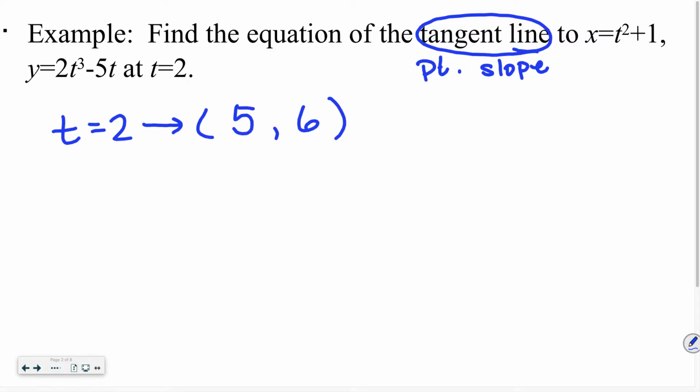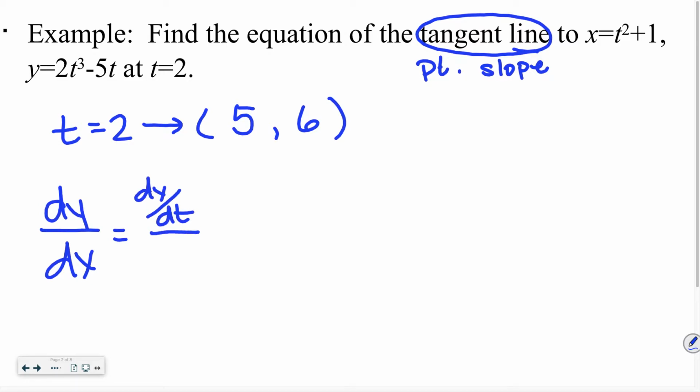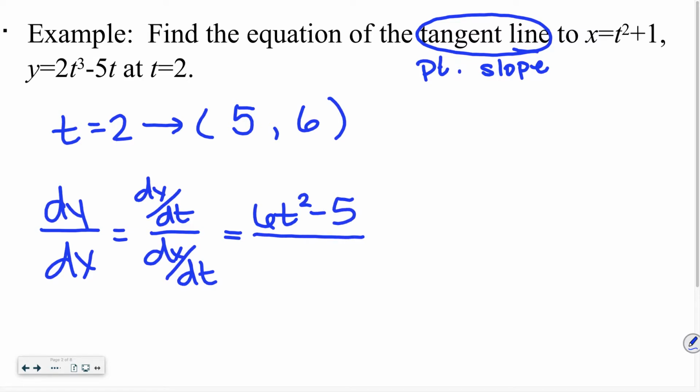Okay, now let's worry about our slope. dy/dx we calculate by taking dy/dt over dx/dt. The derivative of y with respect to t would be 16 over the derivative of x with respect to t would be 2t.